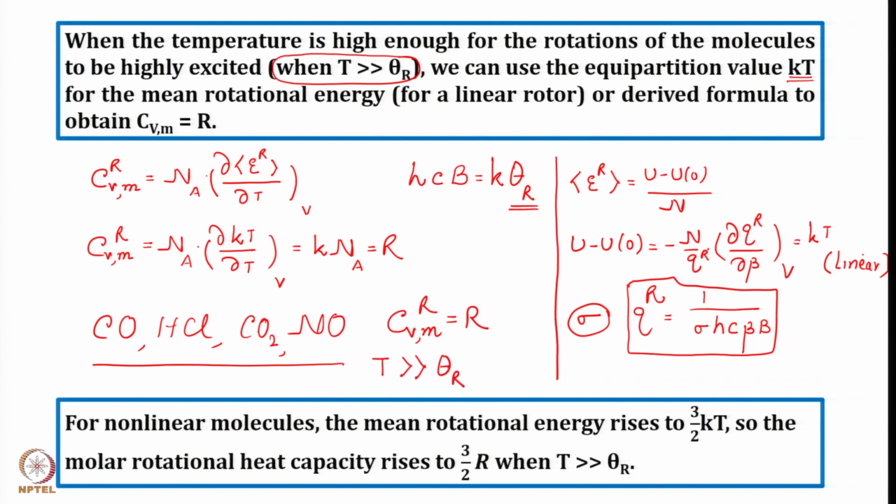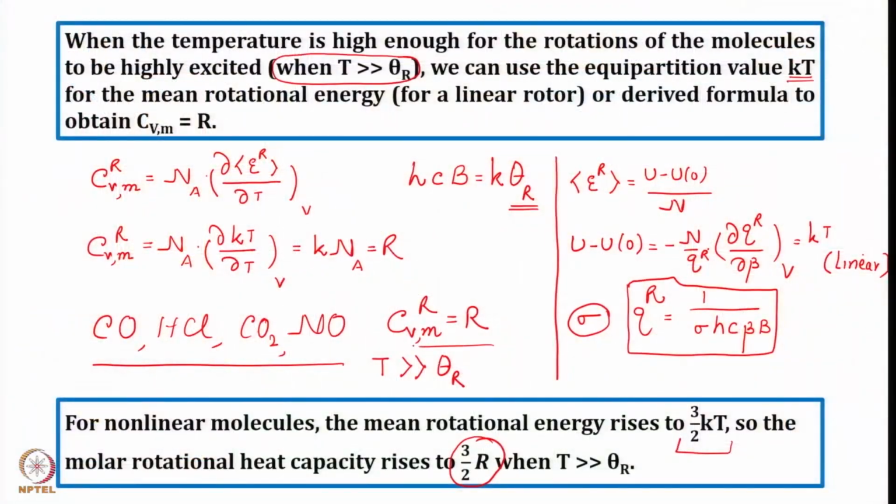However, for a non-linear rotor, you can do a similar exercise, or if the temperature is very high, then you can use the equipartition value and show that the constant volume heat capacity for a non-linear rotor is equal to 3 by 2 R. The mean rotational energy is 3 by 2 kT, and the constant volume heat capacity is 3 by 2 R. So, whenever you are talking about rotational contribution, you have to worry about linear rotor versus non-linear rotor.